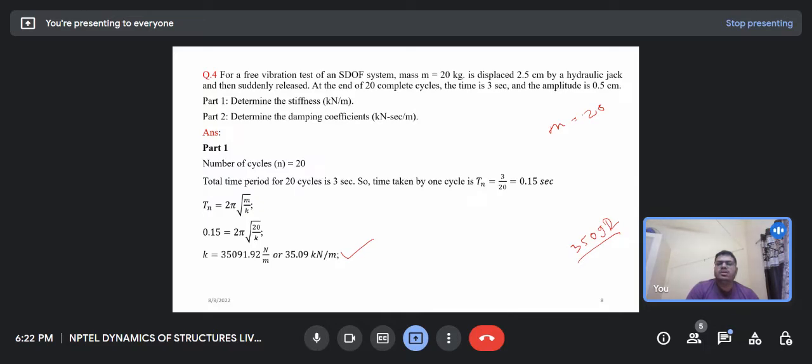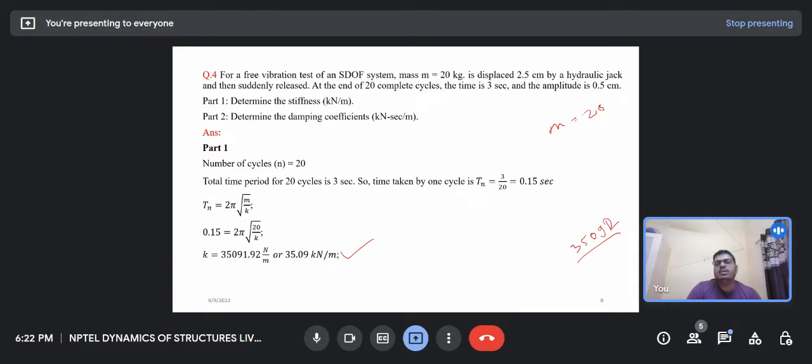For the damping coefficient, first you have to calculate the damping ratio, and you have to do the same thing we did in the second question. Are you able to calculate the damping coefficient?